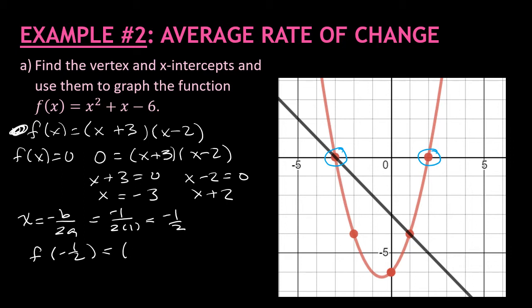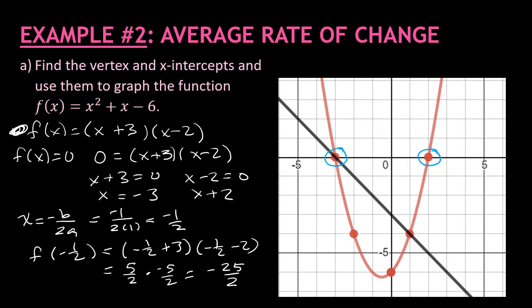So I get -1/2 plus 3 and -1/2 minus 2, which is going to give me 5/2 times -5/2, which is going to give me a y value of -25 over 2.